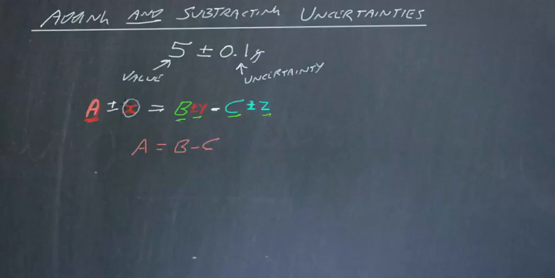Now how do we determine the uncertainty for A? Well, it's as simple as the uncertainty, X, is equal to the sum of the uncertainties in the equation, and that's the case whether we have subtracted B and C or if we've added B and C together.